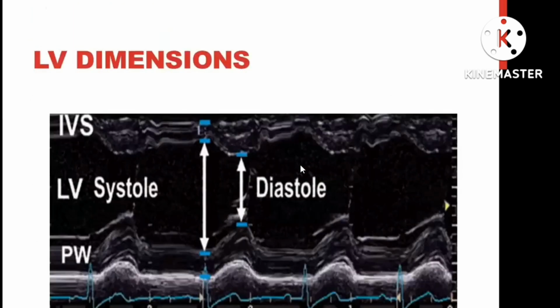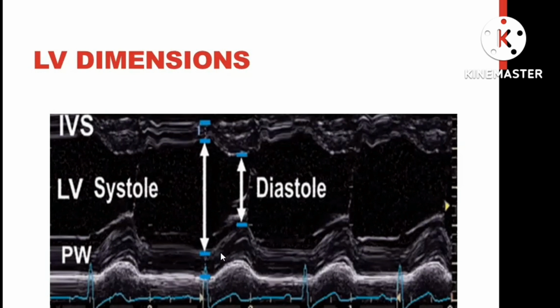So dimension-wise, you already discussed earlier. You measure different dimensions. The echo will determine the ejection fraction if you give it this report: the interventricular septum during systole and diastole, LV diameter during systole, posterior wall during systole, LV diameter during diastole, posterior wall during diastole.